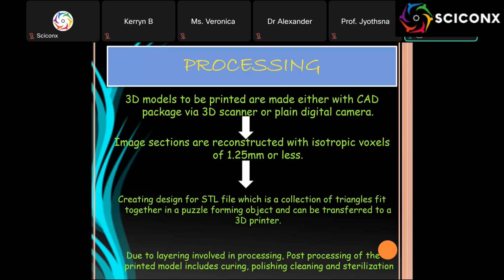Then the STL file will be created, a design in the form of triangles. The triangles come together in the form of a puzzle, and that is transferred into the three-dimensional printer. So layer by layer, the object will start forming, and the post-processing, the finishing step, will be done through cleaning, polishing, curing or the sterilization process. This is the processing of the three-dimensional manufacturing machine.